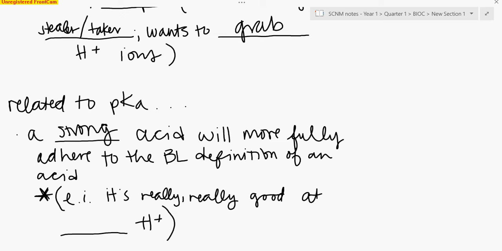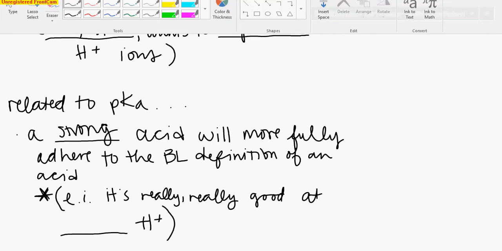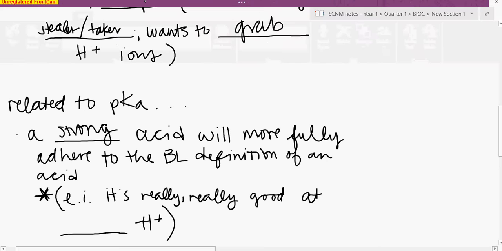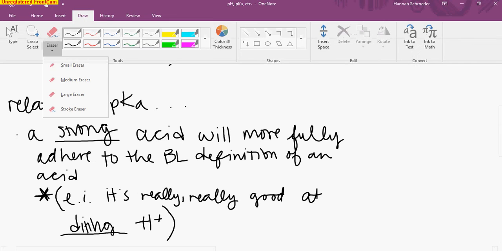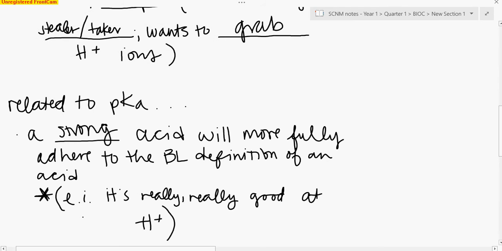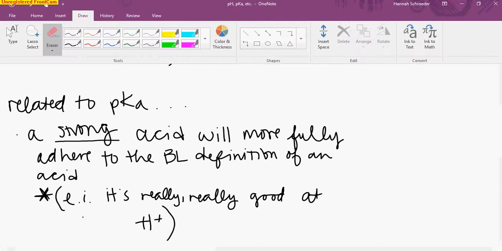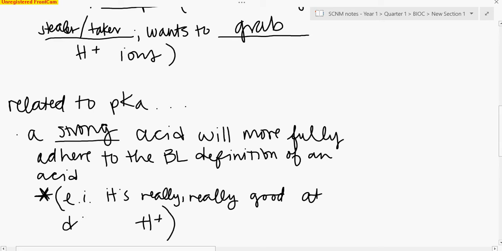So a strong acid will more fully adhere to the Bronsted-Lowry definition of an acid. So far, so good. And so all of this is to say that it is really good at ditching its hydrogen ions.